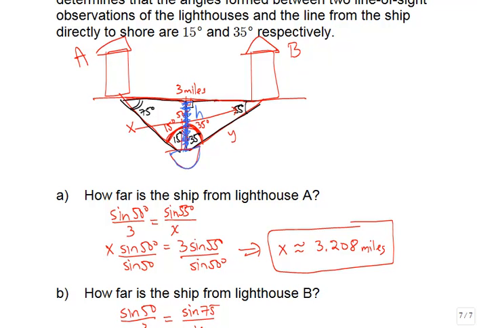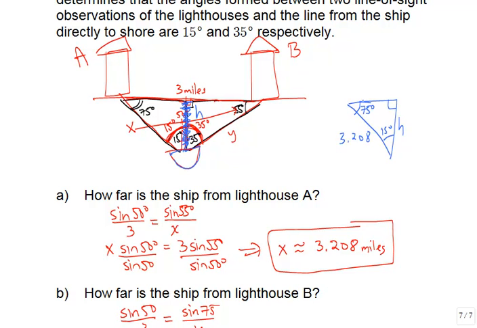So say that I use the triangle on the left side. Let's draw this picture over here. So we're looking for h. We know this little angle is 75, we know this angle is 15, and we know what this hypotenuse is because that was x, and we already figured that out to be about 3.208.